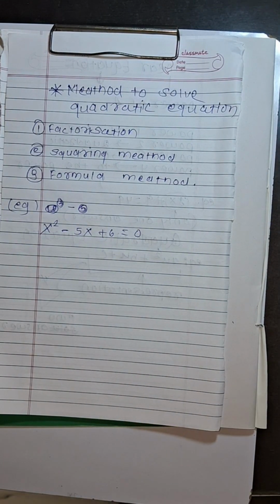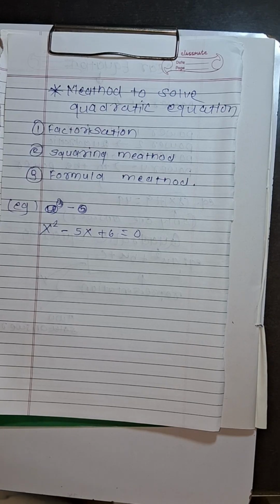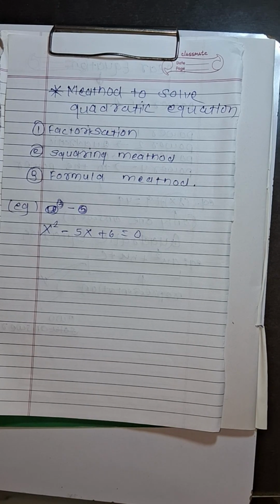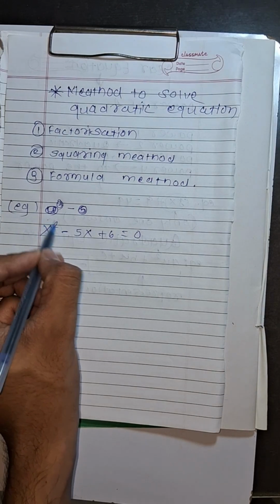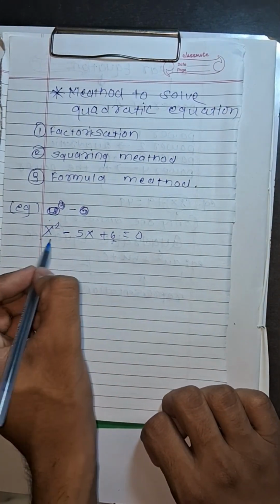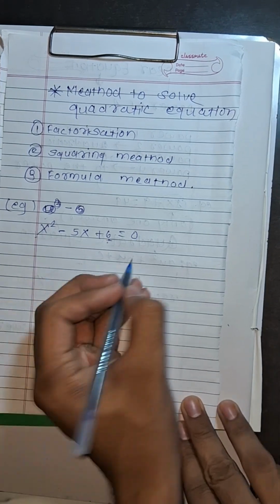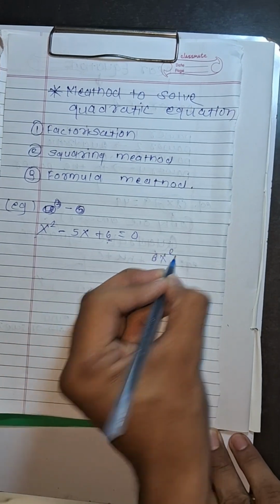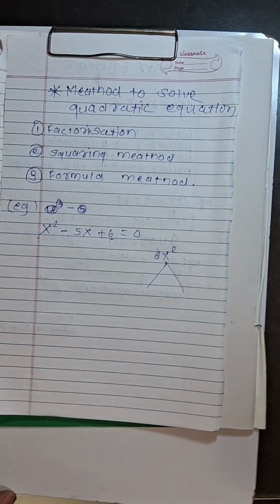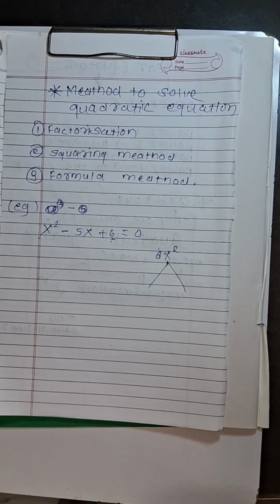In factorization, what we have to do is take the multiplication of the x squared term, that is the constant and the variable. So this is the constant and this is the variable, so 6x squared. This is the product.